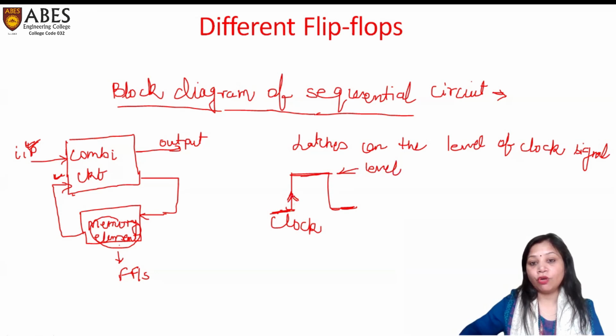Here this edge is from 0 to 1 and this edge is from 1 to 0. So this is called the positive edge and this is called the negative edge.